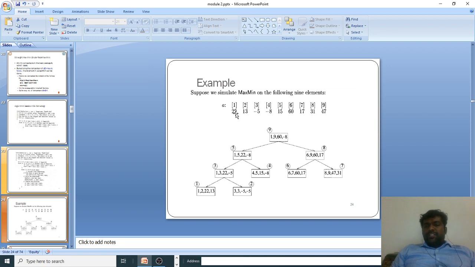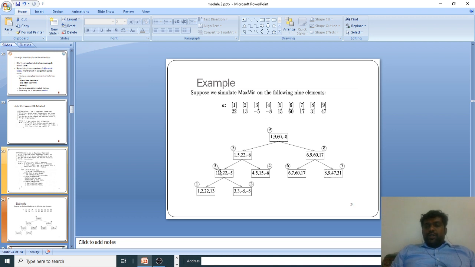For 1 to 3, the maximum is 22 and the minimum is minus 5. And on the right hand side, you find only 4 and 5. So for 4 and 5, minus 8 is the minimum and 15 is the maximum. Further, you can't divide it.